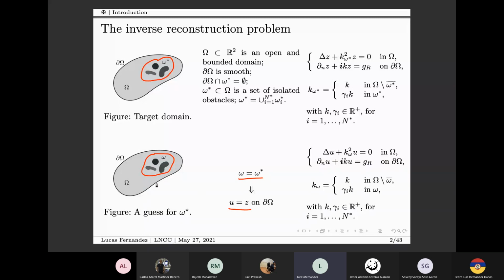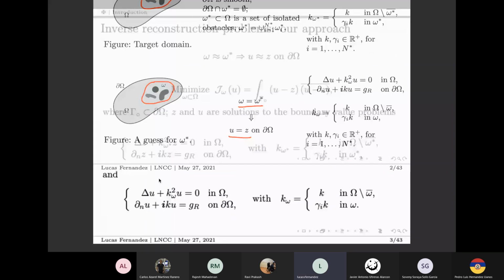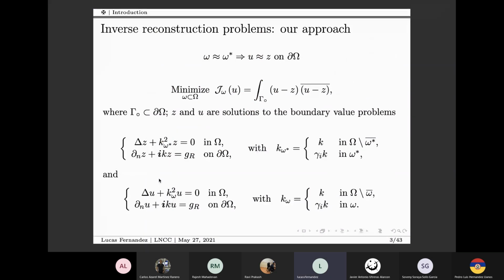So by assuming that we know the values of gamma and K, the unknown variable of our inverse scattering problem is the topology of the obstacles. Which allows us to rewrite the inverse problem as a topology optimization problem. So I introduce here the optimization problem, which is given by the minimization of the shape functional with respect to the set small omega.